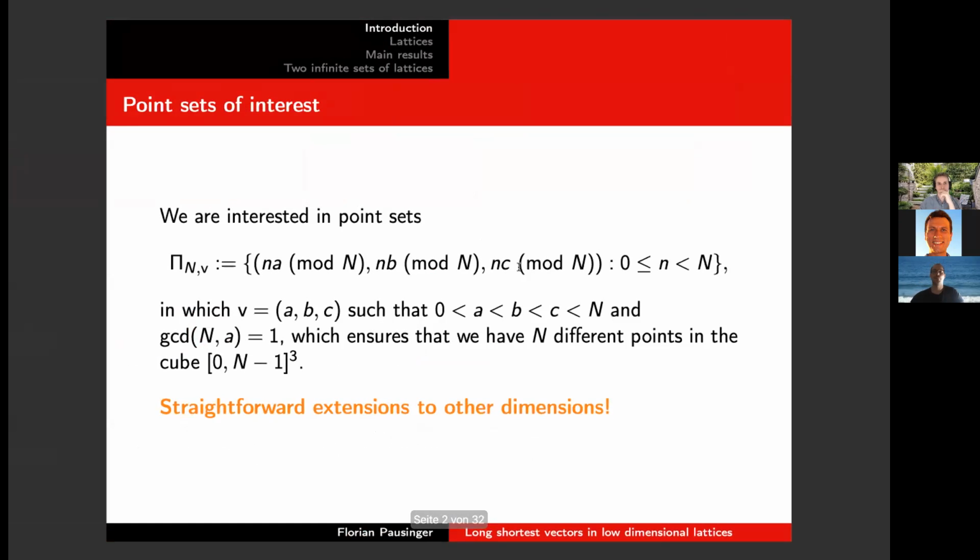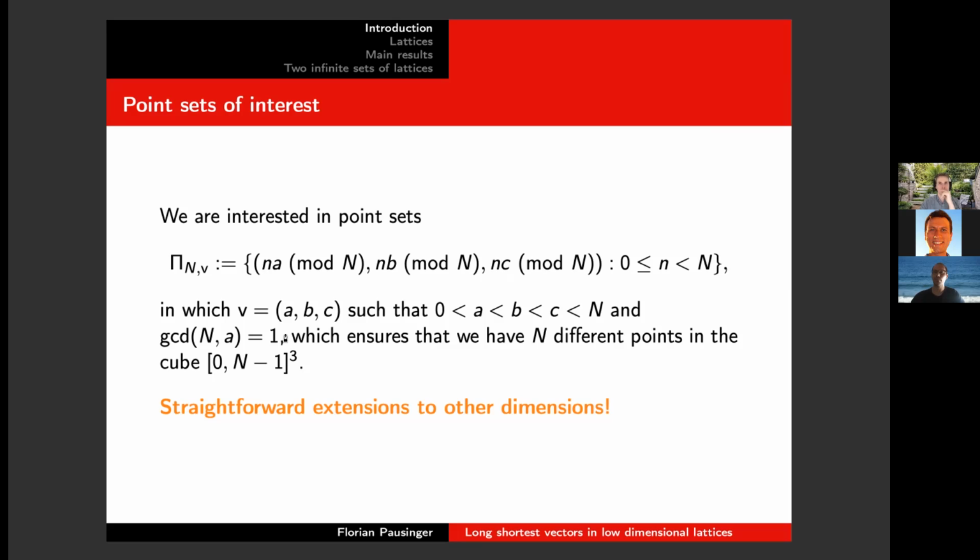The start of my investigation was this particular kind of point set, which I denote with a capital pi. I was interested in these three-dimensional point sets where you choose 3 integers, a, b, and c, and an index n that runs between 0 and capital N. You take integer multiples of your index n with your generating parameters a, b, c and reduce them modulo n.